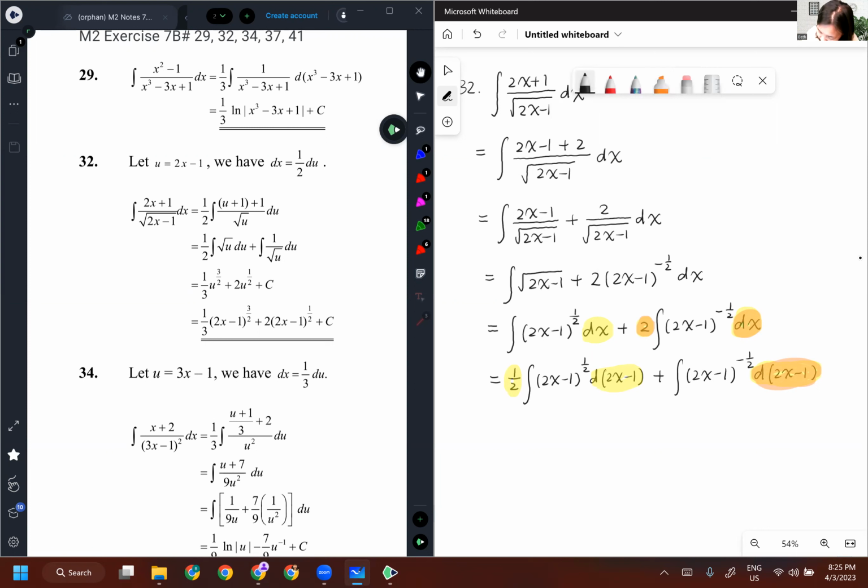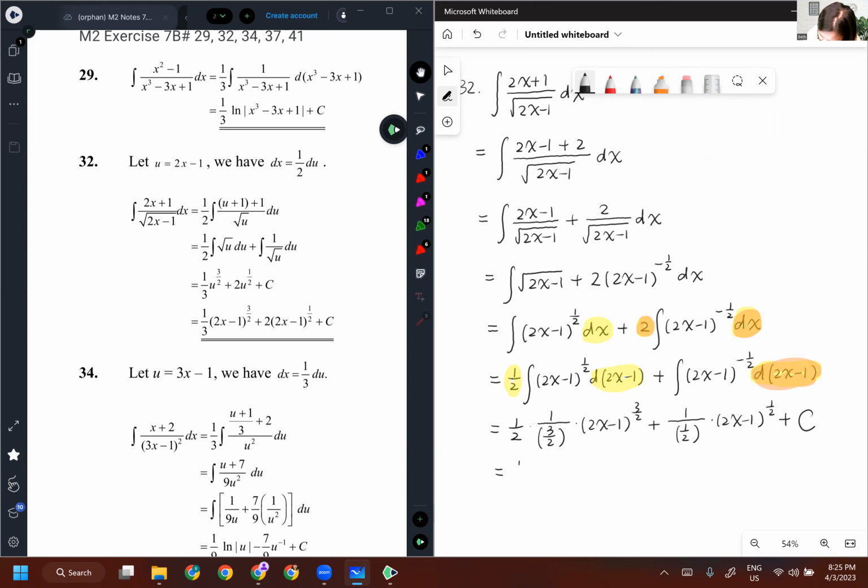And then 1 over 2, I think it's 1 divided by 3 over 2, times (2x minus 1) to the power 3 over 2, plus 1 divided by 1 over 2, times (2x minus 1) to the power 1 over 2, plus c.